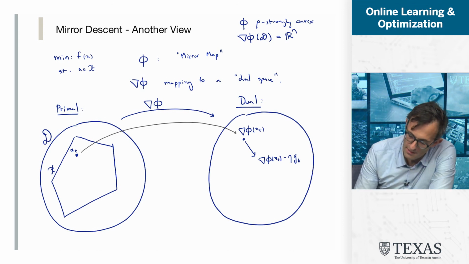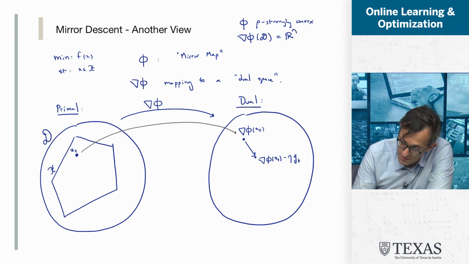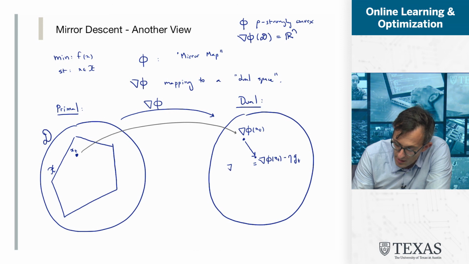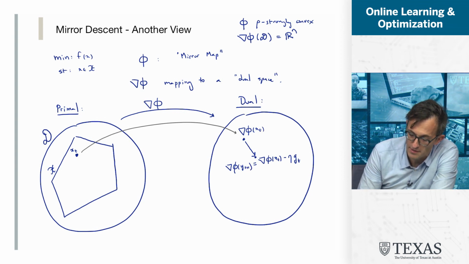Now, because of the surjective property, I know that there is some point in the primal which maps to the gradient of phi of xt minus eta gt. In other words, it has to be the image of some point that came from the primal. So I'll name that point yt plus 1. So yt plus 1 is somewhere here.